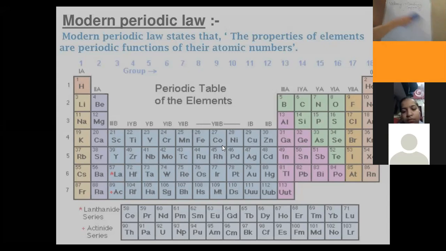Now, if I look at the carbon family, carbon has atomic number 6 and silicon has atomic number 14. So it will be 2 and 4, and here it will be 2, 8, 4. So you can see that their valence electrons remain the same, so their valency will also be the same. Right? When we move in a group, that is from top to bottom, the valence electrons remain the same and valency also remains the same.